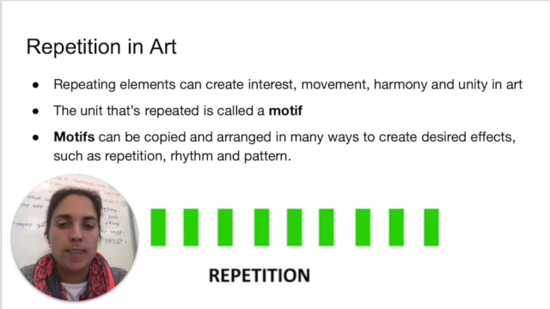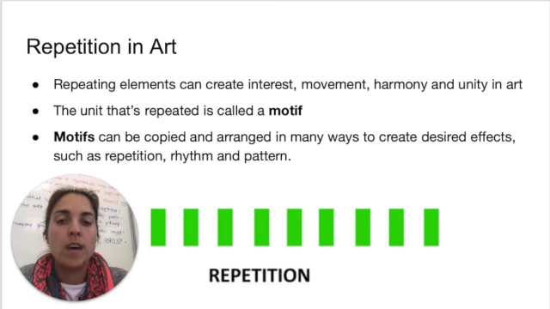The unit itself that is being repeated is called a motif. The word motif can be deceiving though, because sometimes we speak of a pattern that has similar motifs, so we almost refer to it as a theme. For instance, a nautical motif would include perhaps an anchor, a sailboat, some waves, a buoy, because they are all objects that have the same or similar themes, being a nautical theme.